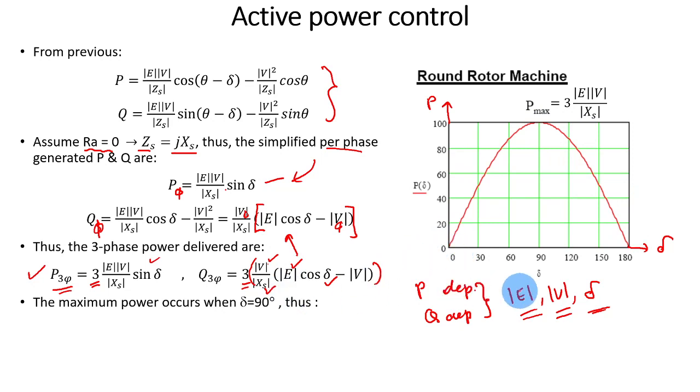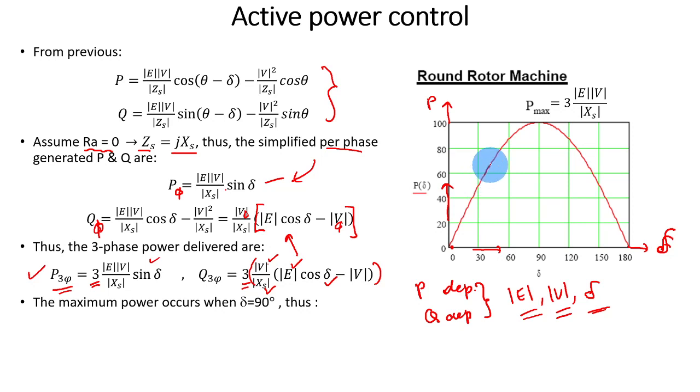This is because of the sine function of delta. If you increase the power angle from 0 to a certain value, we will increase the real power supplied by the generator.